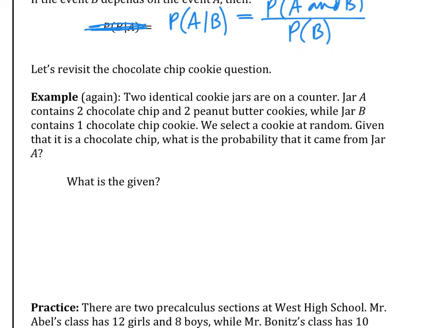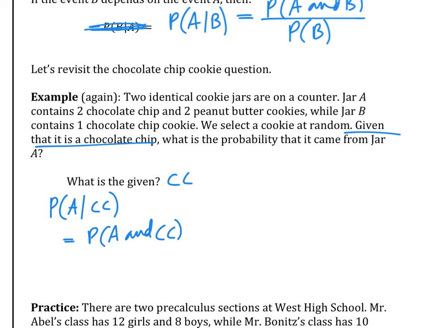This question is a little bit different because it says given it is a chocolate chip, so you know this thing was a chocolate chip. What's the probability that it was actually from jar A? What's the given? The given is that it's a chocolate chip cookie. So we want to write this formula: the probability of jar A given that it is a chocolate chip. Applying the formula, probability of jar A and chocolate chip divided by probability of chocolate chip.